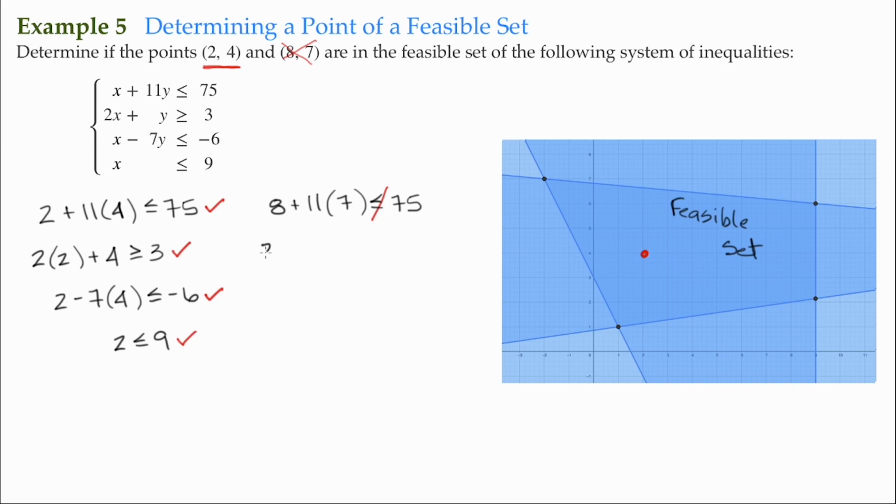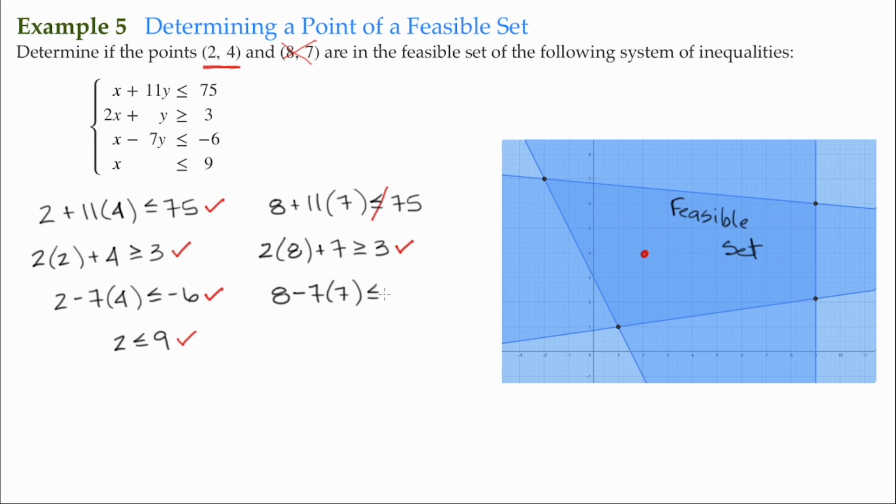So we have 2x, that's 2 times 8, that's 16, plus 7. Is that greater than or equal to 3? And 16 plus 7 is 23, and 23 is definitely greater than or equal to 3, so it satisfies that one. x minus 7y, that's 8 minus 7 times 7.